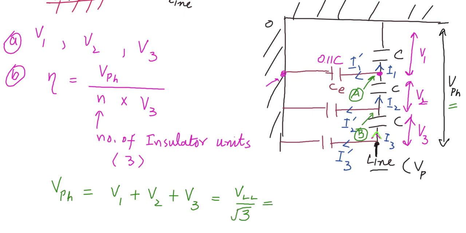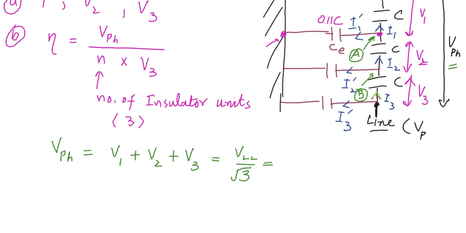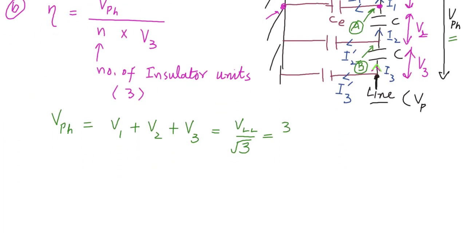And line to line voltage in this question is given as 33 kV divided by square root of 3, and this will give us 19.05 kilovolt. Okay, so this is our first equation.